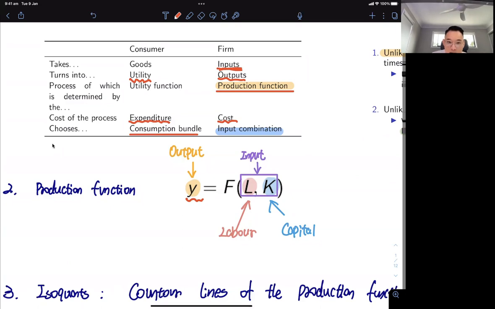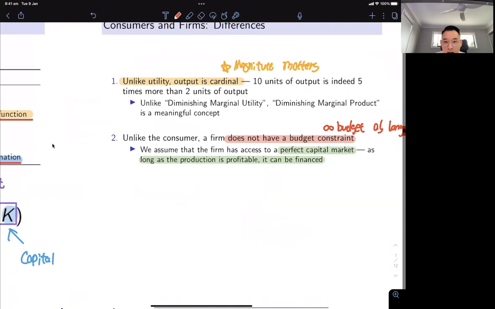And firms choose an input combination, a combination of L and K, which will give them the lowest cost or the highest profit. So in a sense, producers care about profit maximization and cost minimization.